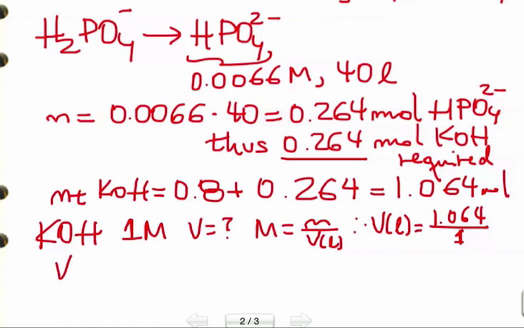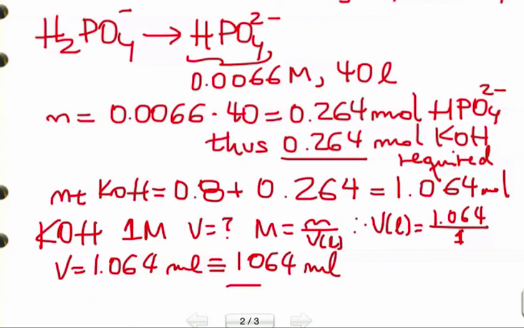So the volume in liter here is calculated by the number of moles divided by the molarity. 1.064 divided by 1. Don't need a calculator for that one. Is 1.064 liter. Sorry, this should be liter here. 1.064 liter or 1064 milliliter.